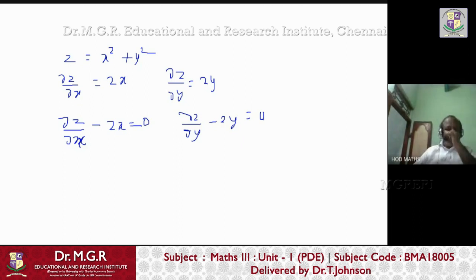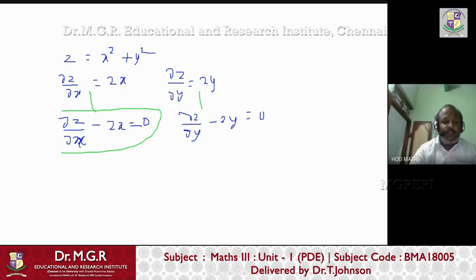So dou z by dou x minus 2x equals 0, and dou z by dou y minus 2y equals 0, right? Both these things will help us to understand what is a partial differential equation. So this is nothing but a first order partial differential equation, because it is an equation, dou z by dou x minus 2x equal to 0, and it contains partial derivatives.